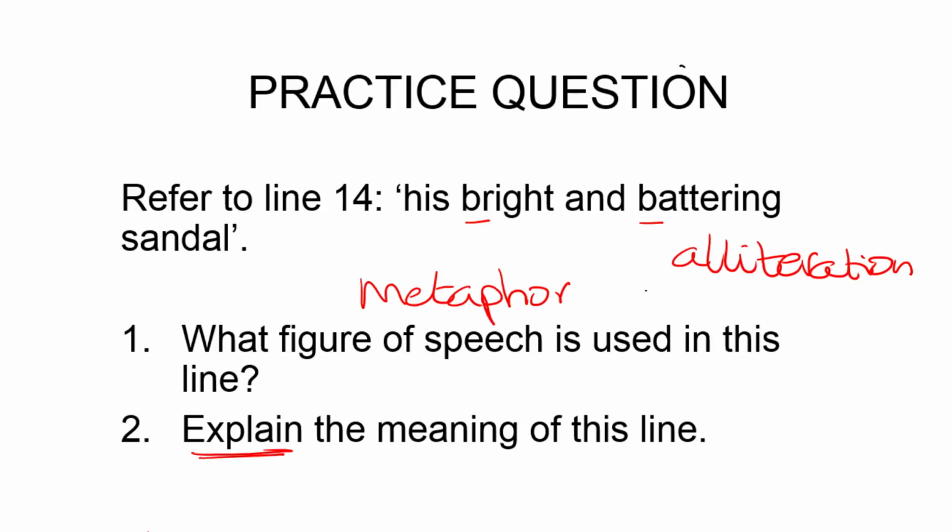So in this metaphor, comma, the horseshoe is described as a sandal because it is a form of footwear for the horse. Now imagine that the question then said, discuss the effectiveness of the figure of speech.